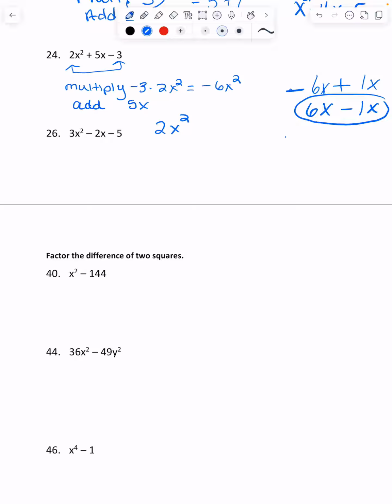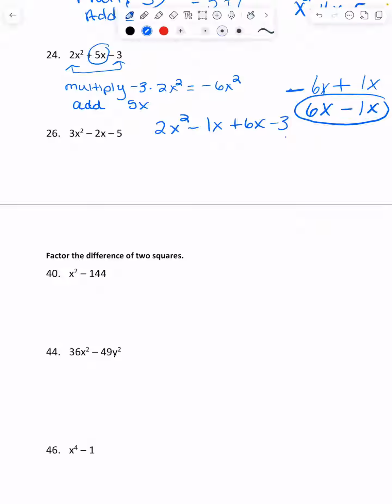All right, so we're going to rewrite it: 2x squared minus 1x plus 6x. All I'm using is those two numbers. They're going to rewrite the 5x. The first and the last number stay the same.